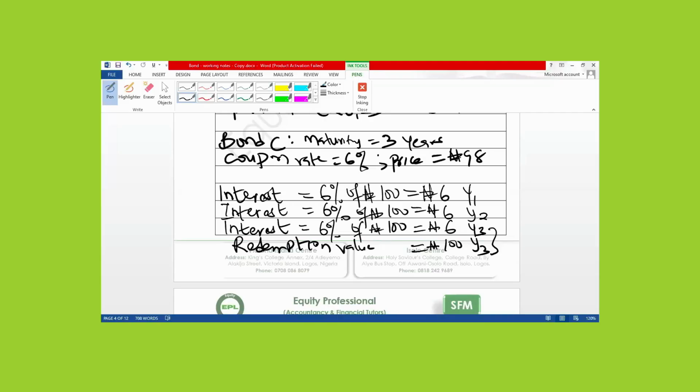My maturity year is peculiar to me. My coupon rate is peculiar to me. My price is peculiar to me. But all of us have the same government rates. Is that better, please? Yes.